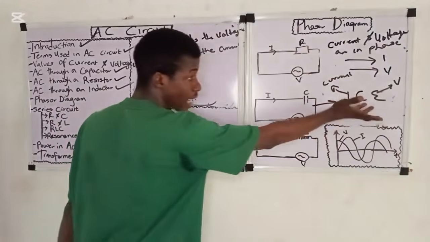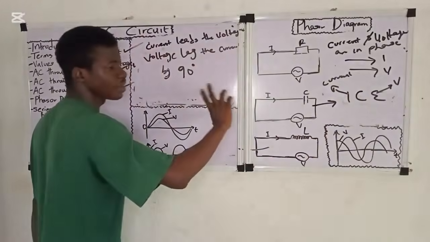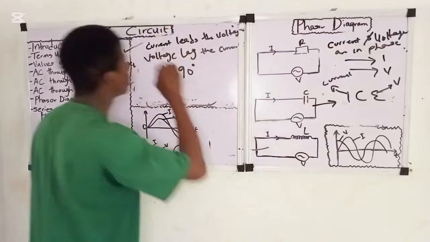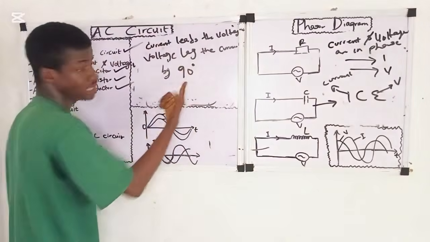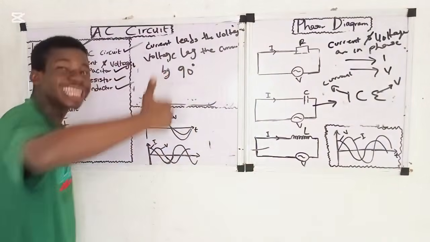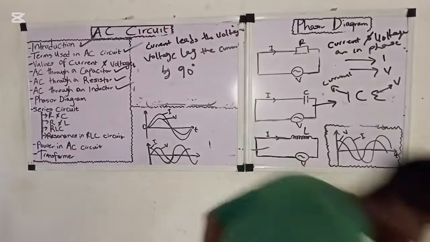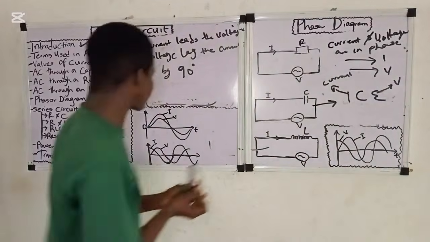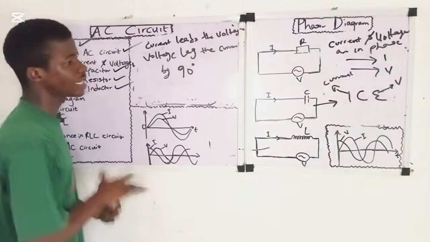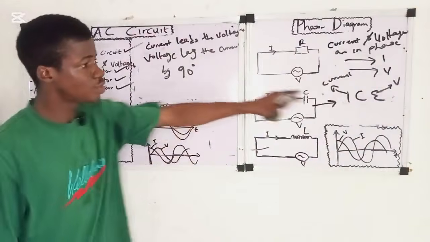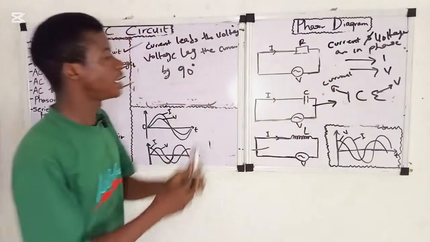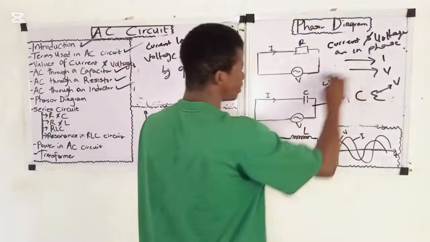Use this acronym to remember. So in a purely capacitive circuit, current leads the voltage by 90 degrees, or the voltage lags behind the current by 90 degrees. Now let me give you the graph to understand it further.